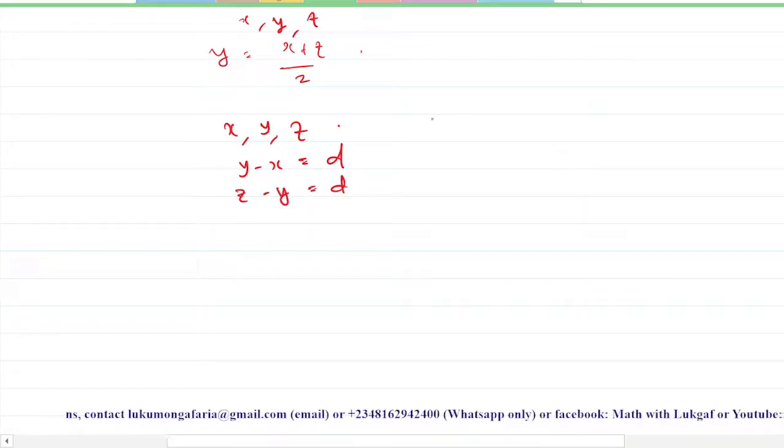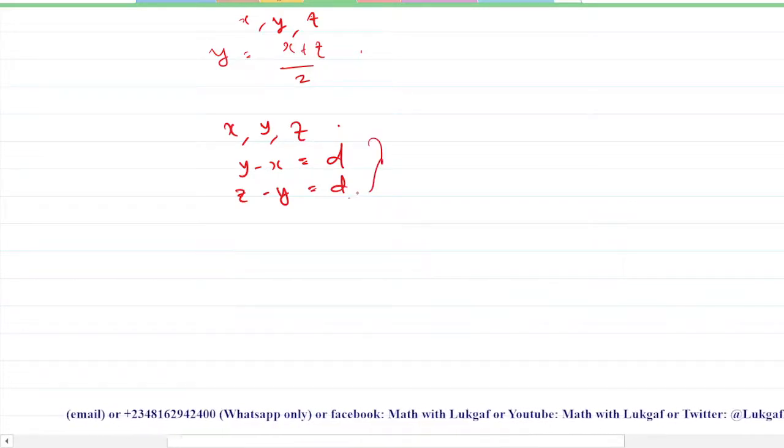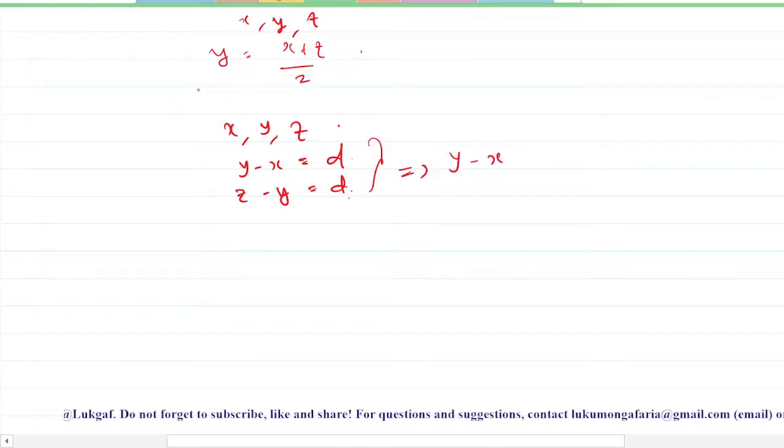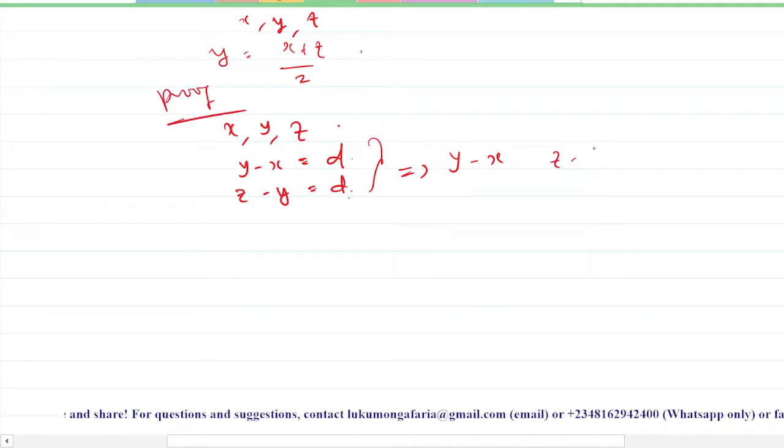You will see that this is a difference, and this is also a difference. So since this is D, and this is also D, we can conclude that what we are doing is to prove that y minus x is equal to z minus y.